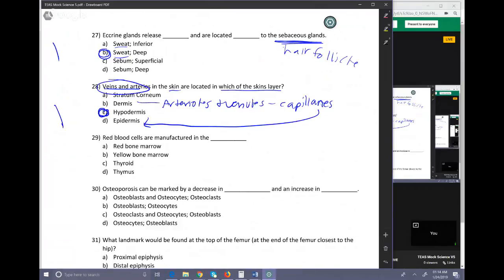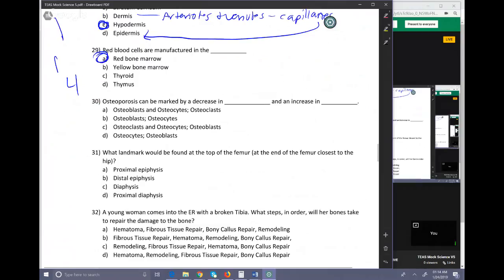29, red blood cells are manufactured in the red bone marrow, which is from Anatomy 1 and Anatomy 4. Osteoporosis can be marked by a decrease in blank and an increase in blank. This is from Anatomy 1. There are multiple possible scenarios. Guaranteed, you cannot have osteoporosis without a decrease in blasts.